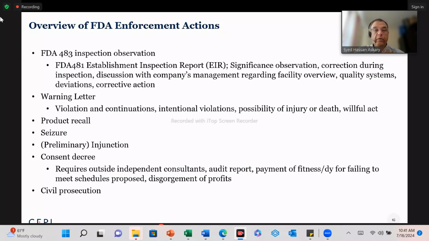They also issue product recall, seizure, and consent decree when the company fails to comply or meet the proposed schedule, or there's a payment issue, or there's an audit, or independent consultants basically do the auditing and formalize the report. And of course, the most critical is the civil prosecution, depending on what public health incident happened, right? And was it deliberate or overlooked?